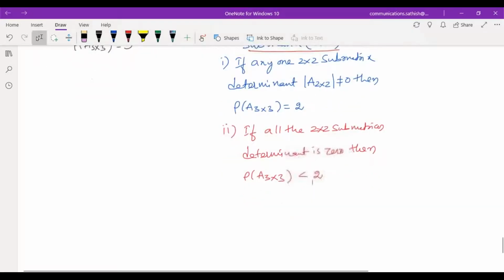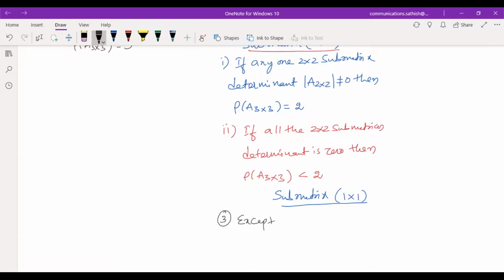Yes, sir. In that case, you have to go again with the submatrix, that is the 1 by 1 submatrix. Am I correct or wrong? Yes, sir. Correct.